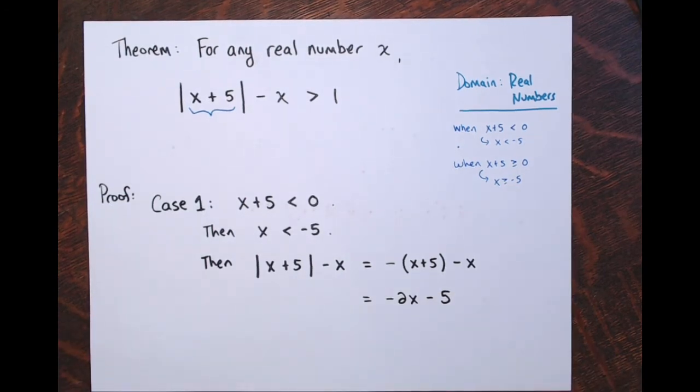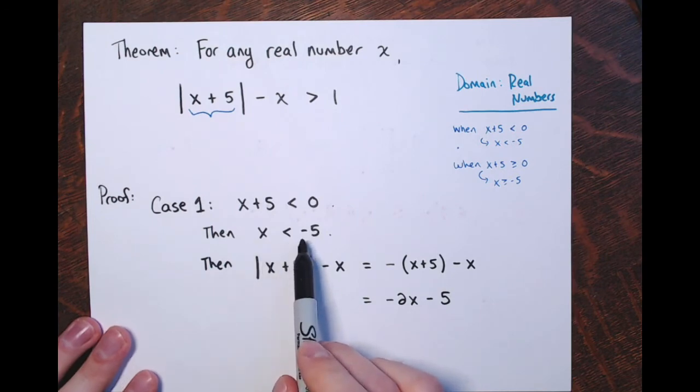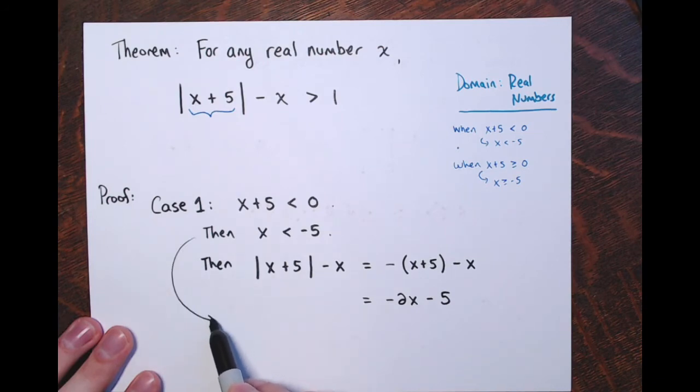And then I can show you that this is greater than 1 using this. This isn't a great proof right now, I'm sorry, but x has to be less than negative 5, and I'll try to get this expression to show up in this inequality. If I multiply both sides by negative 2, that'll flip the inequality, so I'd have negative 2x is greater than 10.